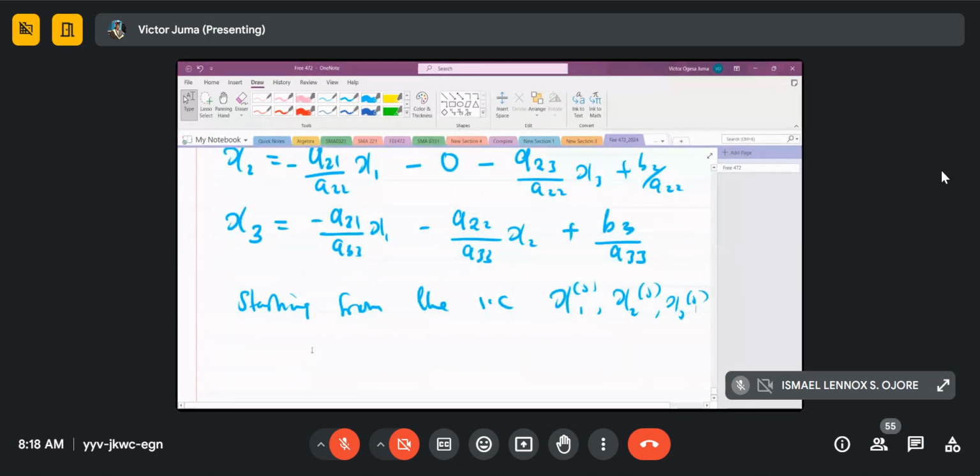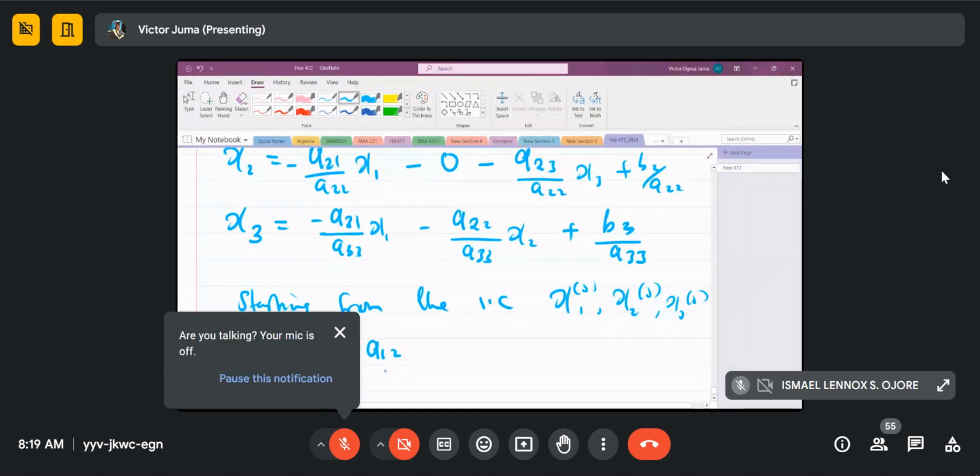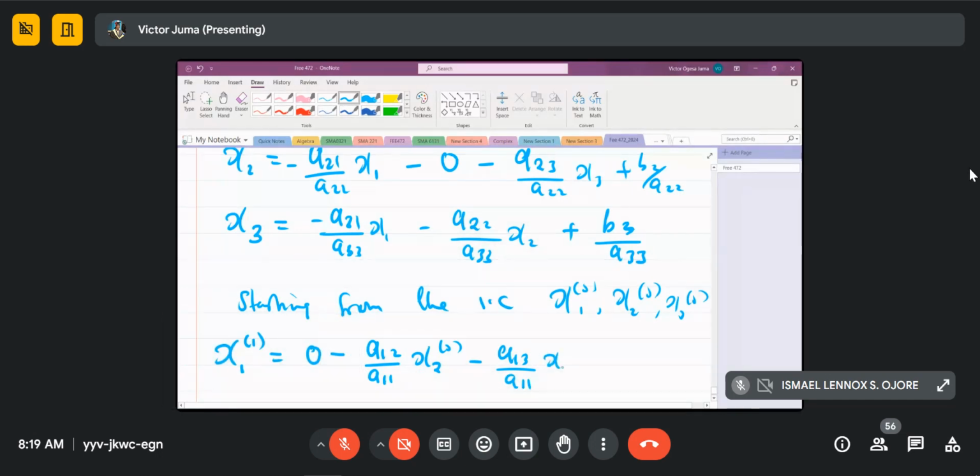When you plug this in, the first iteration of x1 is 0 minus a12 over a11 x2(0), then minus a13 over a11 x3(0), and then plus b1 over a11.